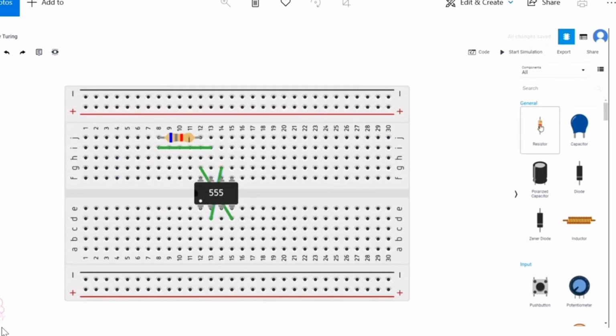So take one more resistor, its value is 12 kilo ohm, rotate it, and connect it between the 7th terminal and the common terminal of 6 and 2.